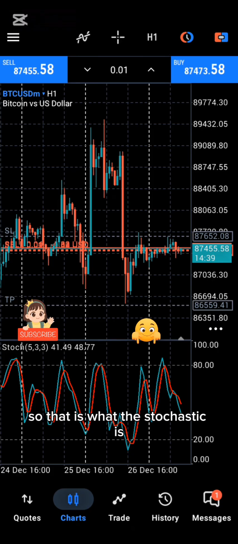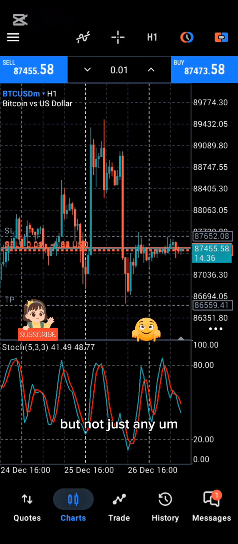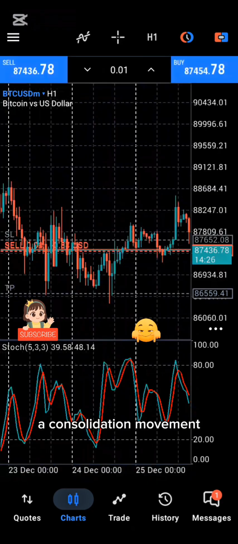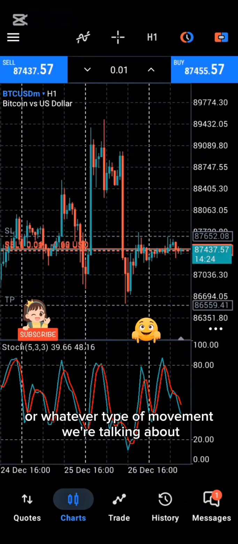So that is what the stochastic is, but not just any form of movement, like a trend movement, like a consolidation movement, or whatever type of movement we're talking about.